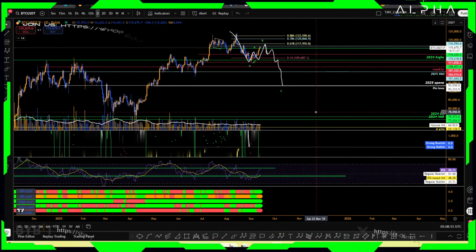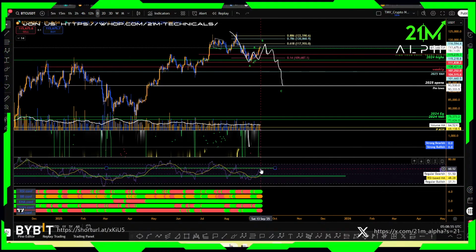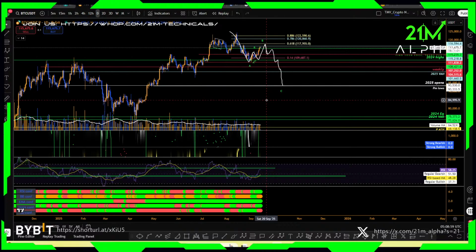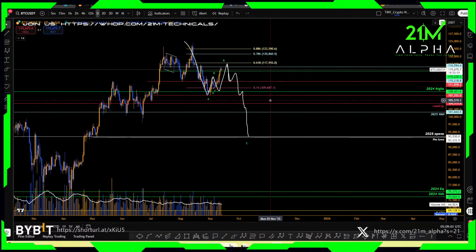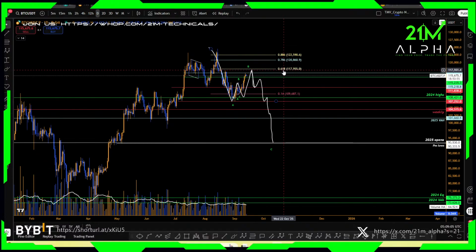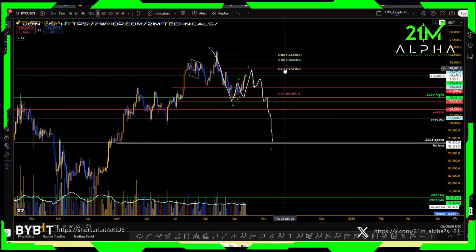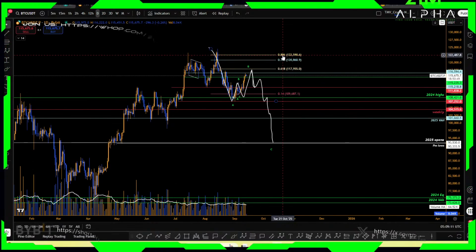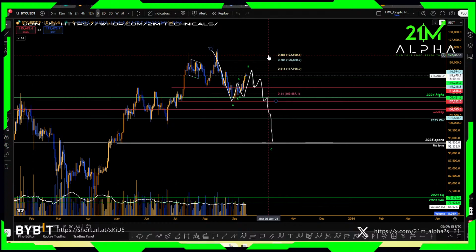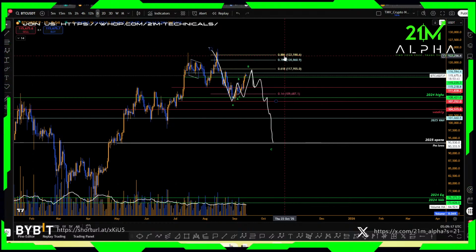There is a resistance around these levels as well on RSI, and hence if you really ask me where do I want to short, golden pocket zone 117.9 to 118.5 is the level I would like to short, with my invalidation above 122.6k, the 0.886 Fibonacci level. That is going to be the invalidation for BTC.